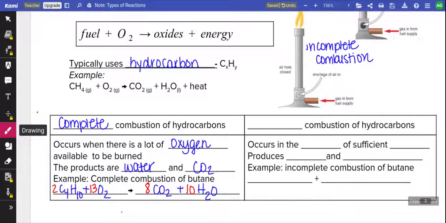Now, incomplete combustion, remember, occurs when there is not enough oxygen. So it occurs in the absence of sufficient oxygen. It's just not as good of a combustion, not as good of a burn. The products of incomplete combustion are soot, which is essentially carbon.